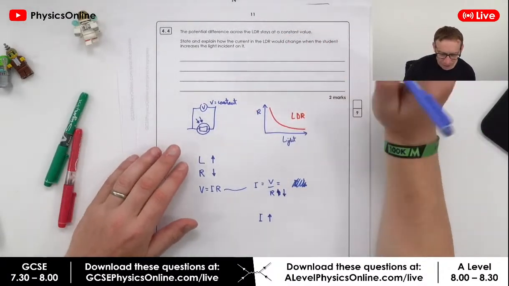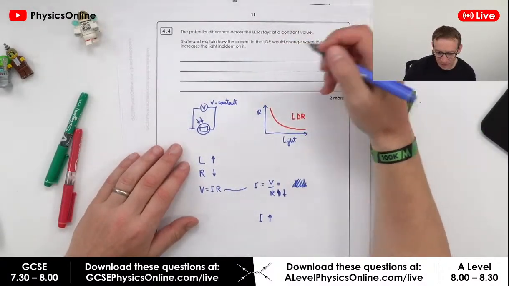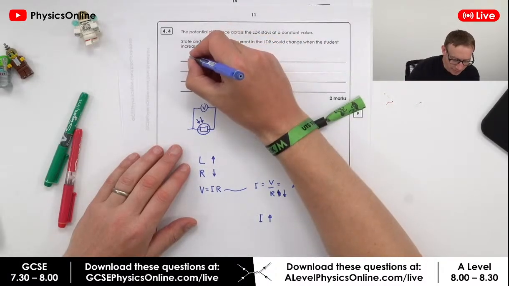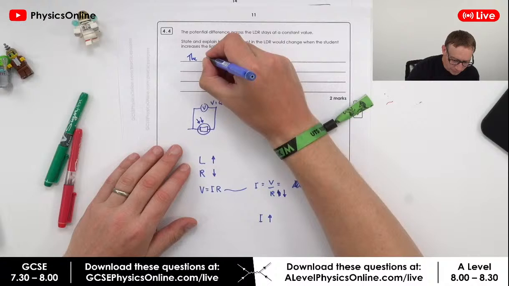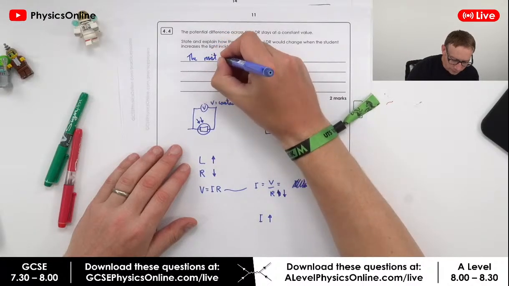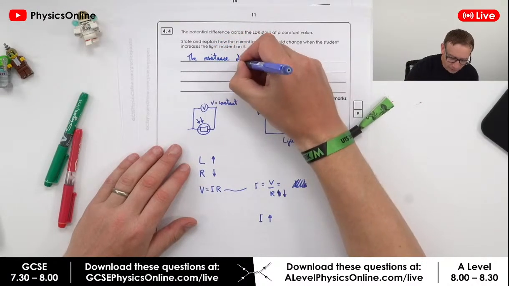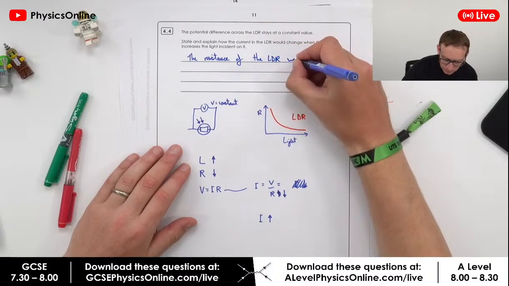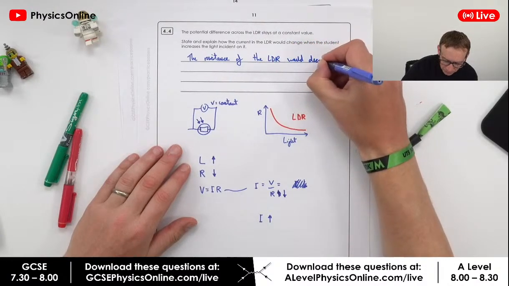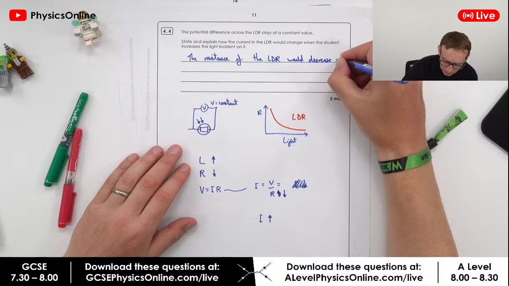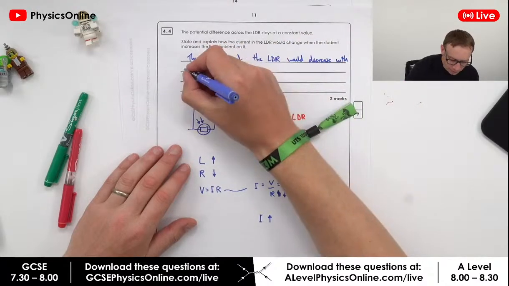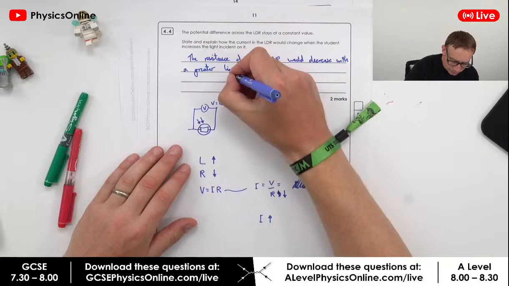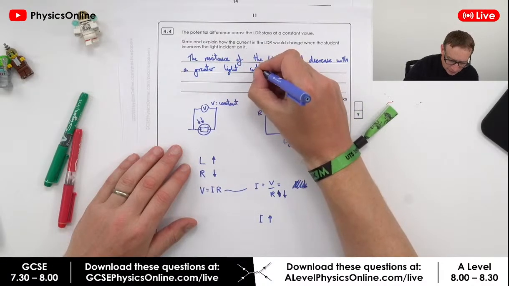So basically, to state and explain how the current in the LDR would change, we can say that the resistance of the LDR would decrease with a greater light intensity.